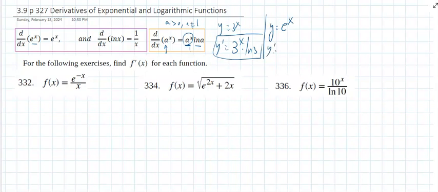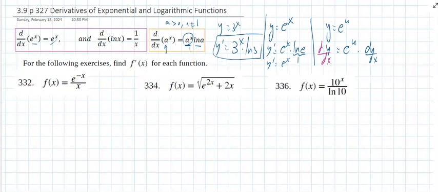If you take a derivative, that is e to the x times natural log of the base, which is e, but that's a 1. So it turns out to be simply e to the x. And of course, don't forget the chain rule. If y equals e to the u, and I take a derivative, you get the exponential back times du dx, assuming you're taking a derivative with respect to x.